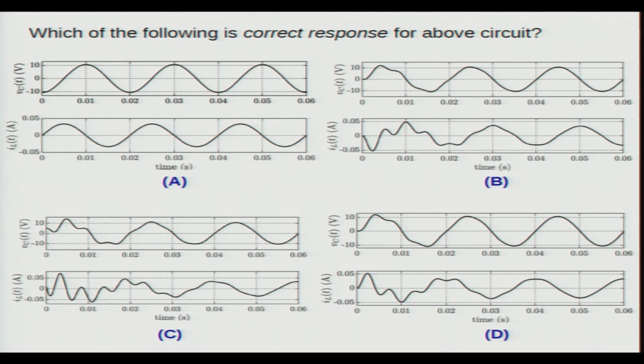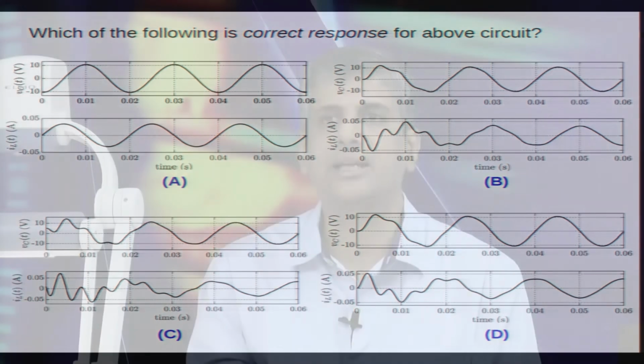The roots of that would give you the nature of the natural response. In this case the roots are a complex pair with negative real parts, which indicates the presence of a damped oscillation. The damped oscillation appears in the beginning so as to satisfy the initial conditions.